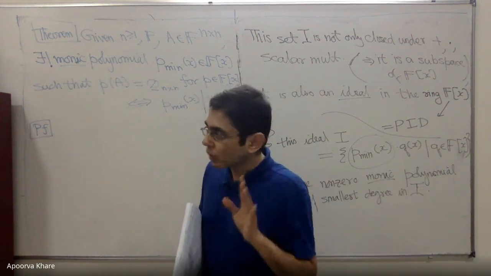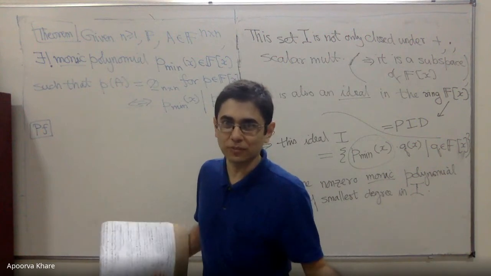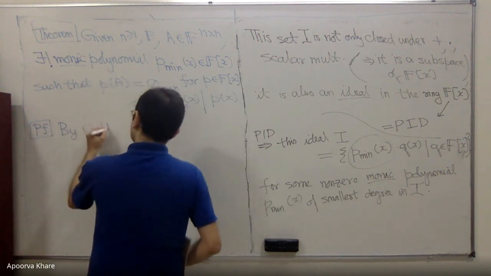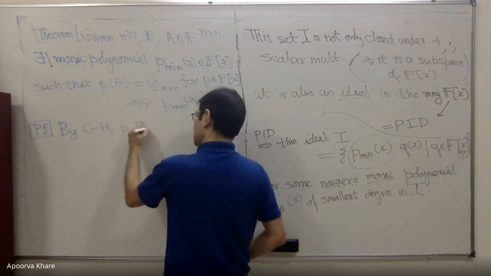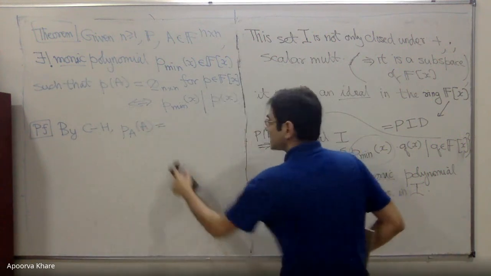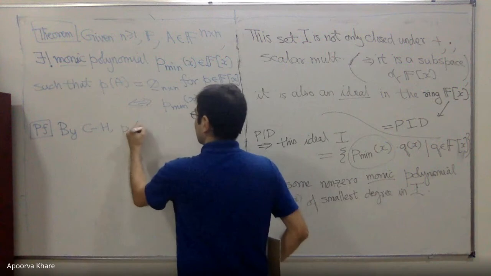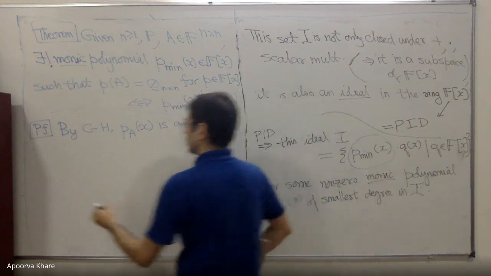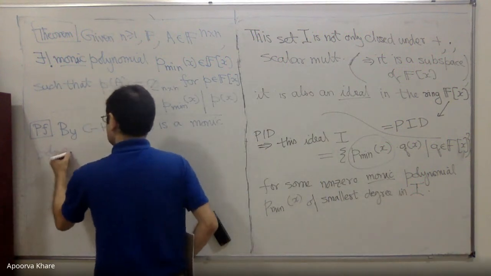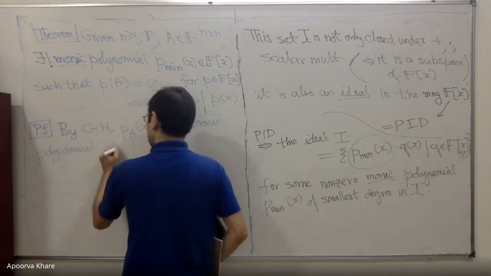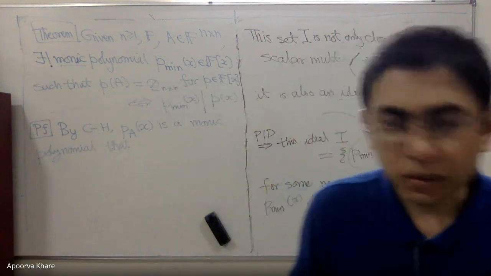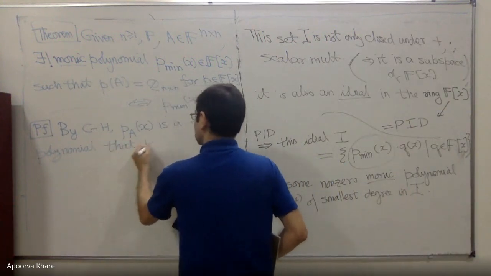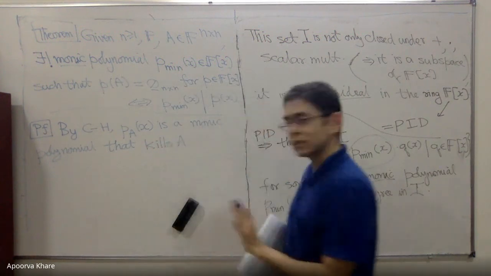So let's start with at least one monic polynomial that does kill A, and there does exist such a polynomial. It's called the characteristic polynomial. So recall, by Cayley-Hamilton, P_A of X is a monic polynomial which kills A. There is at least one.